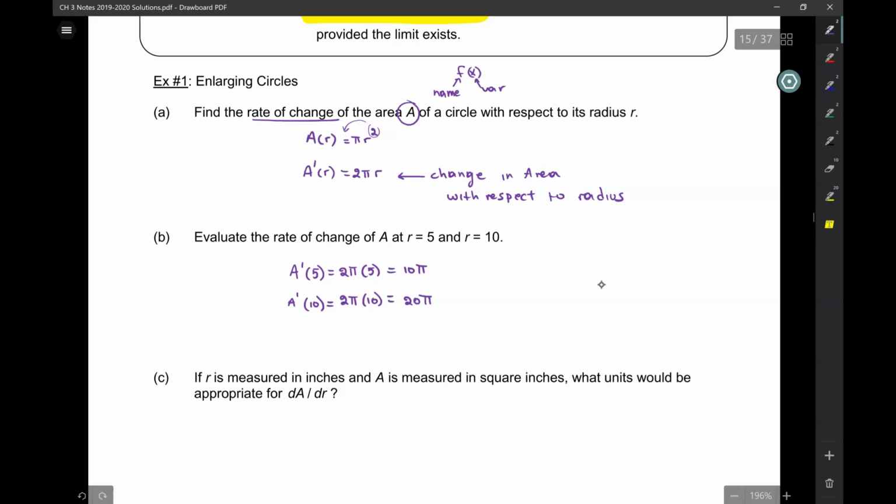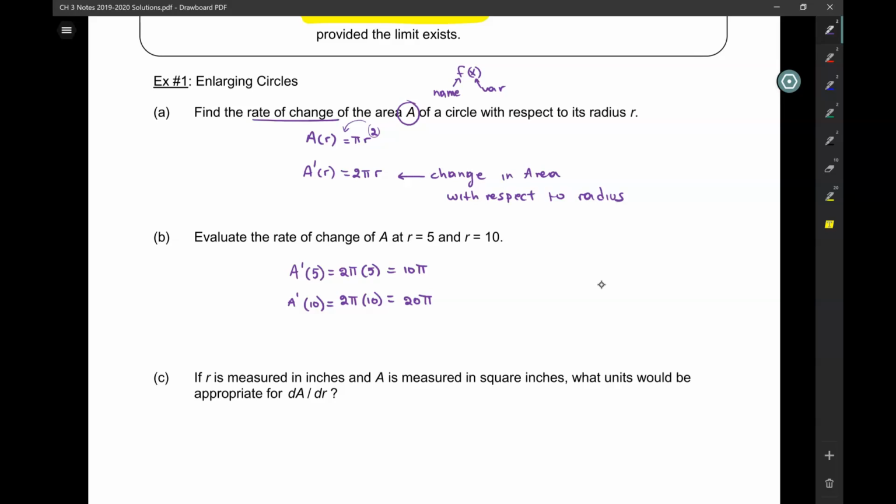Okay, that's that. But as we know, coming up with the answer is never what it's all about. What does this mean? Let's analyze this for a minute. This is the rate of change of the area when the radius is 5. Okay, so we got 10 pi. In decimals, how much is 10 pi? 31.4, right? 10 times pi, 31.4.